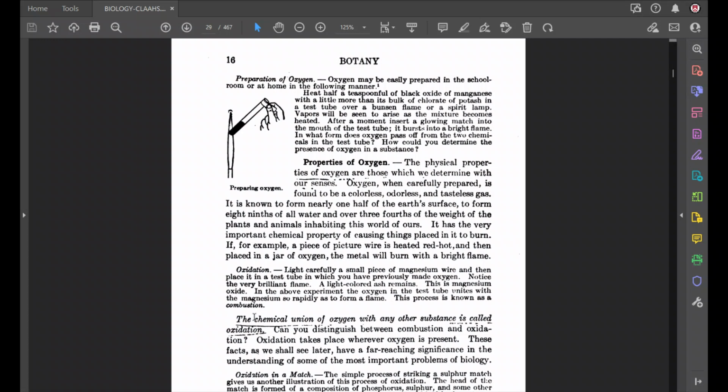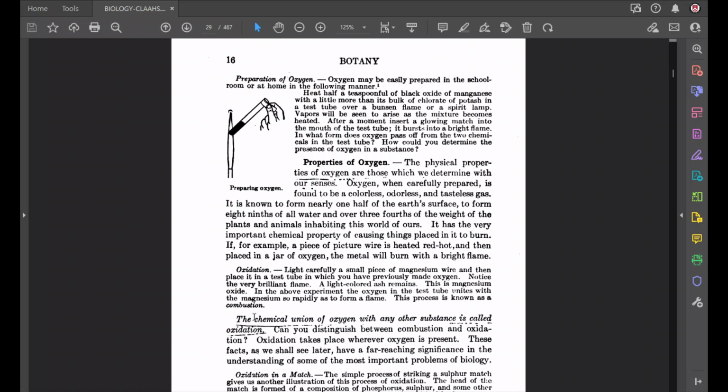The physical properties of oxygen are those which we determine with our senses. So the only properties that we can speak of in science are physical properties, things that we can sense. So how do we determine the properties of any substance? We set our senses to work on it.